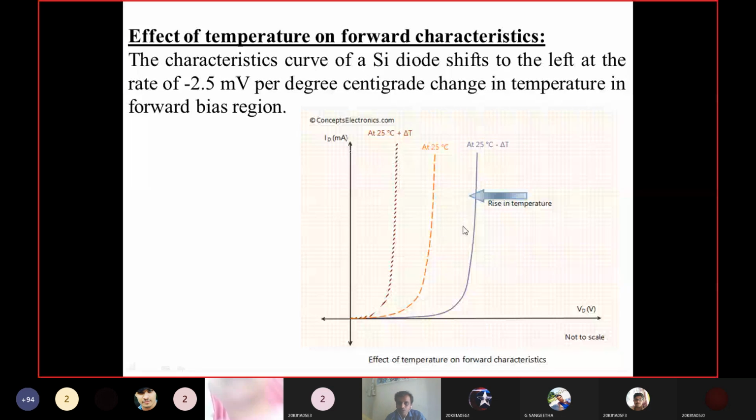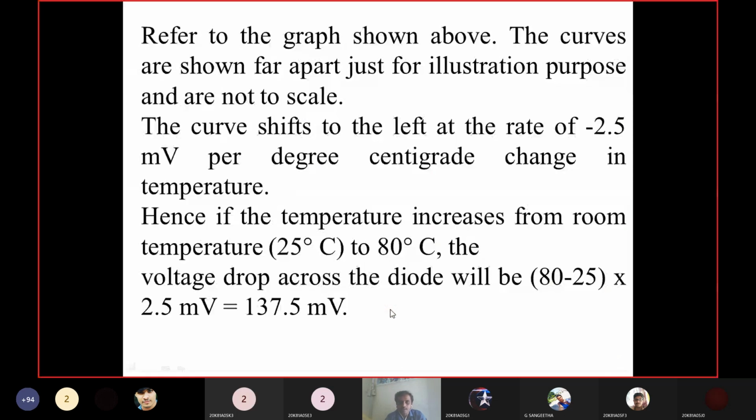I will explain how it works. With increasing temperature it decreases. See here, initially we take 25 degrees centigrade, and we increase the temperature to 80 degrees centigrade.